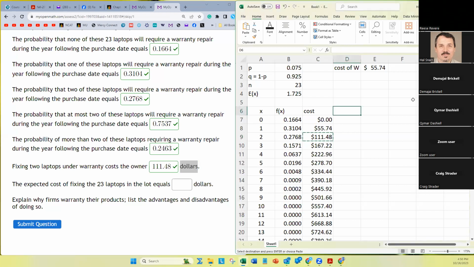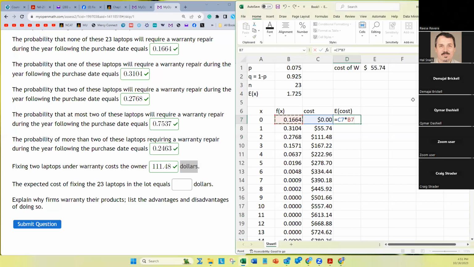I can calculate the expected cost here, right? Whoops. If I want the expected cost, I multiply this outcome by the probability, right? You see that? I want to find the expected cost, right? So I'm multiplying the outcome.